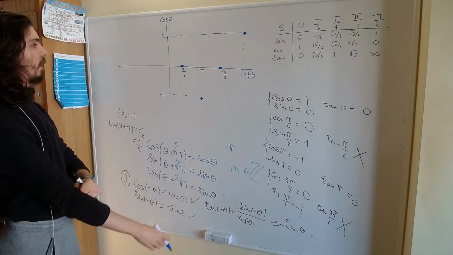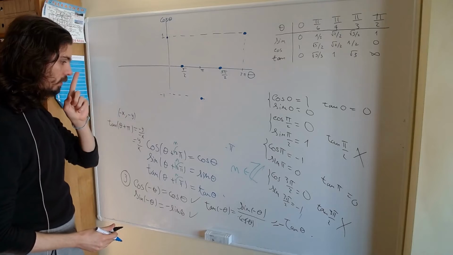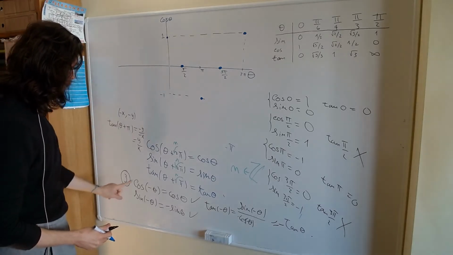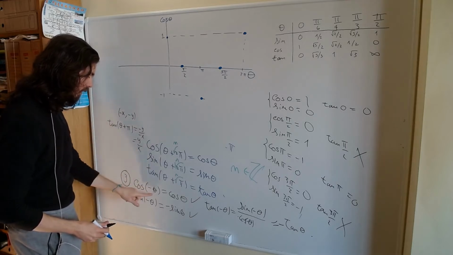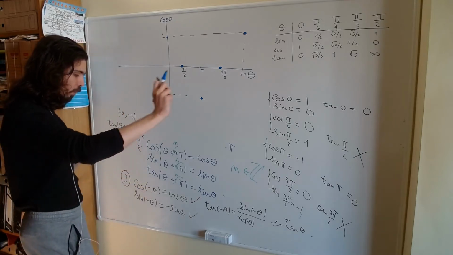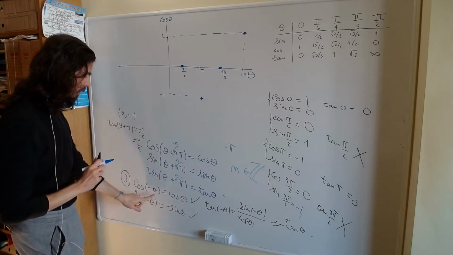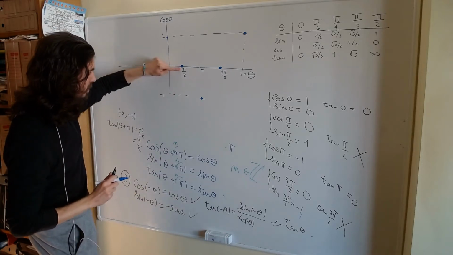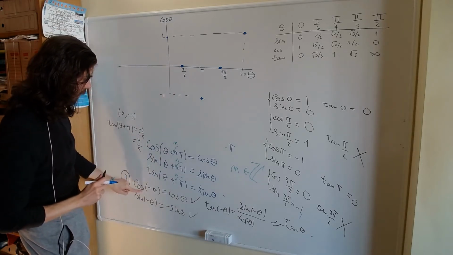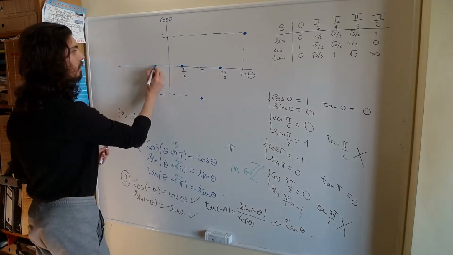Okay? Is this good? Now that we have this, let's use our symmetry properties. If you look at it, the symmetry properties connect positive theta with negative theta. See? Positive and negative. Let's use this, because if cosine of pi over 2 is 0, then cosine of minus pi over 2 is the same value. So let's mark it here.